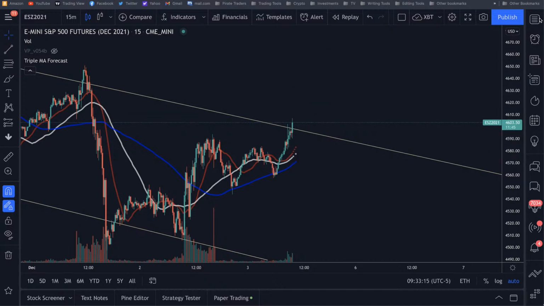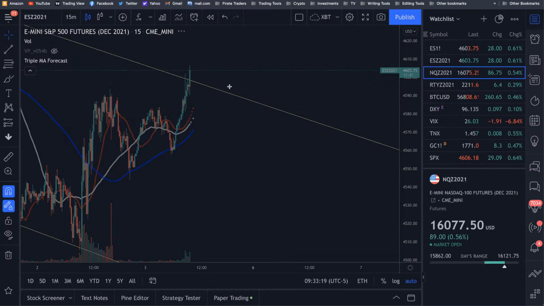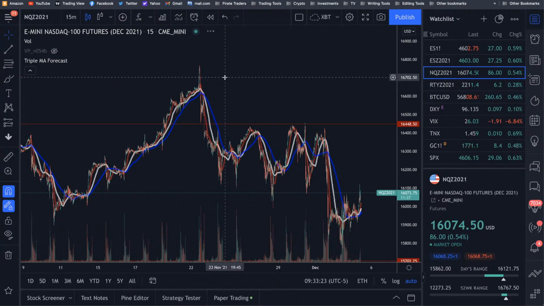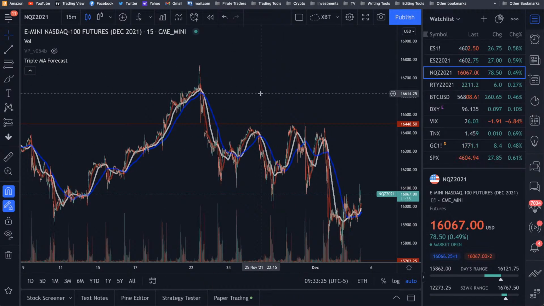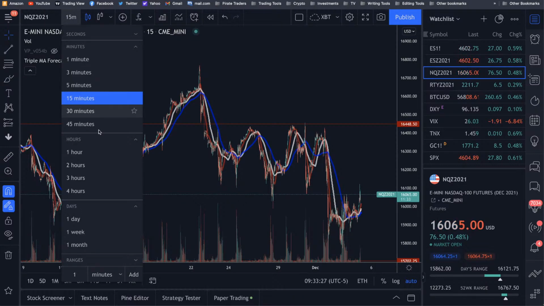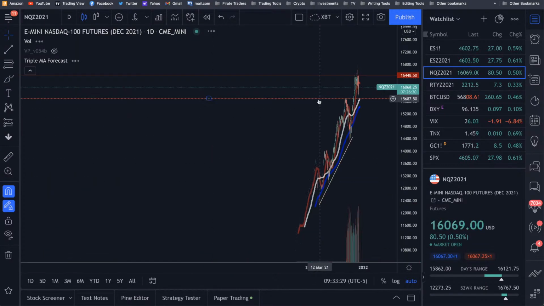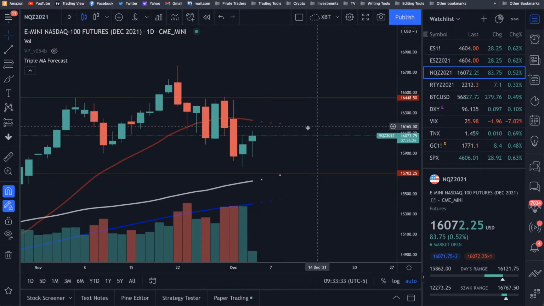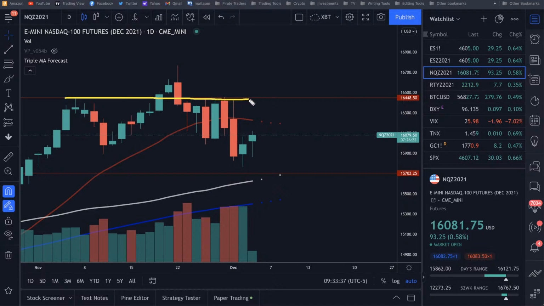Same thing on the NQ. It's just breaking into a balancing area, but it's the same general principle, right? Let me just zoom out to the daily. So you got this balancing area here.